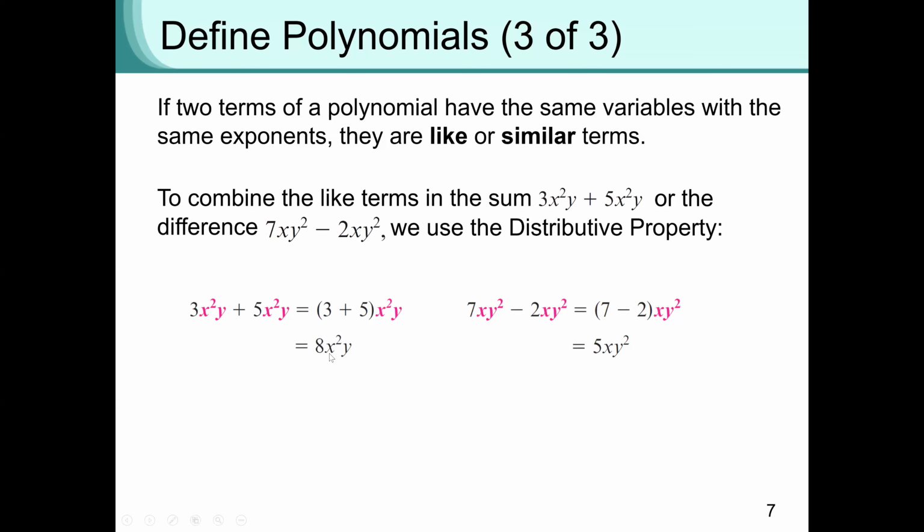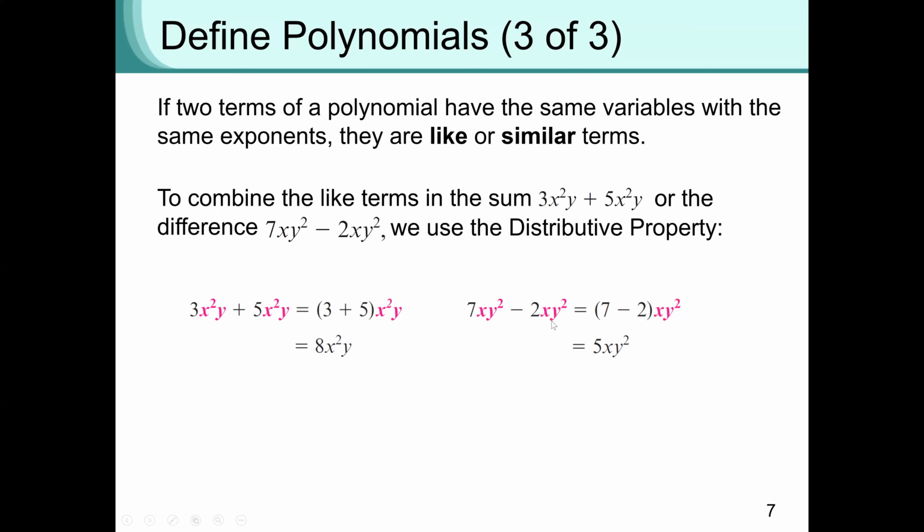So the answer will be 8x squared y. Since these are like terms, the variables are the same, we are going to add the values because we have plus. Now subtraction, we have here 7xy squared minus 2xy squared.